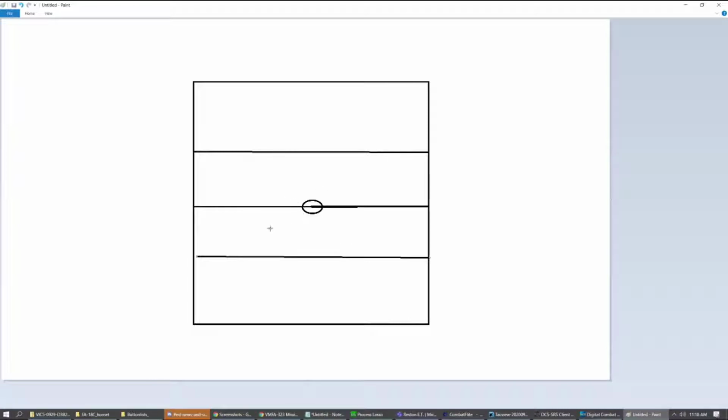Then after it does that, it goes back up top and does the same thing. So it's literally doing what's called a raster scan: 1, 2, 1, 2. That's what a 2 bar scan does. You get that, right?